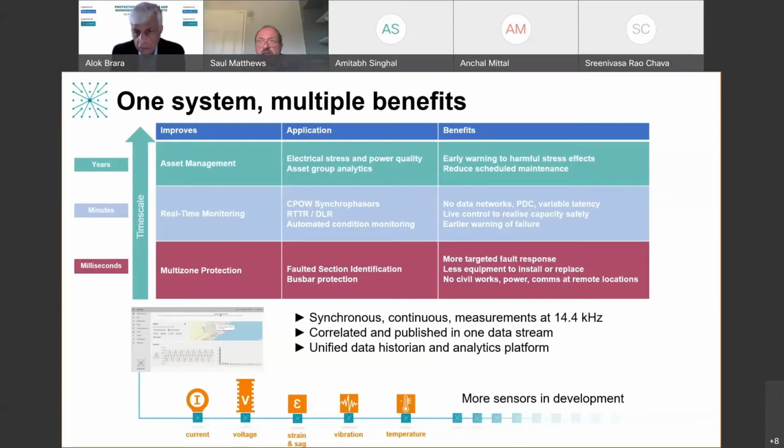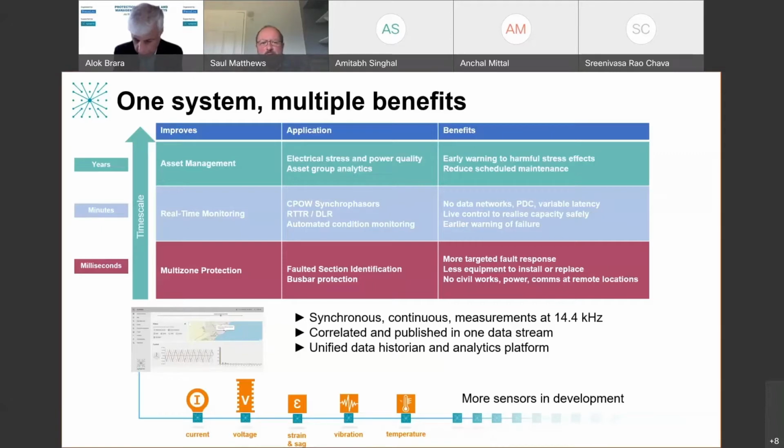Once you go past 10 kilohertz and we're up at 14.5, you'll get a lot more information about harmonics, power quality, power factors, transients, things that traditional PMUs wouldn't see. But most importantly, there is no data. So you eliminate a lot of the networking costs, concerns about variable network latency.